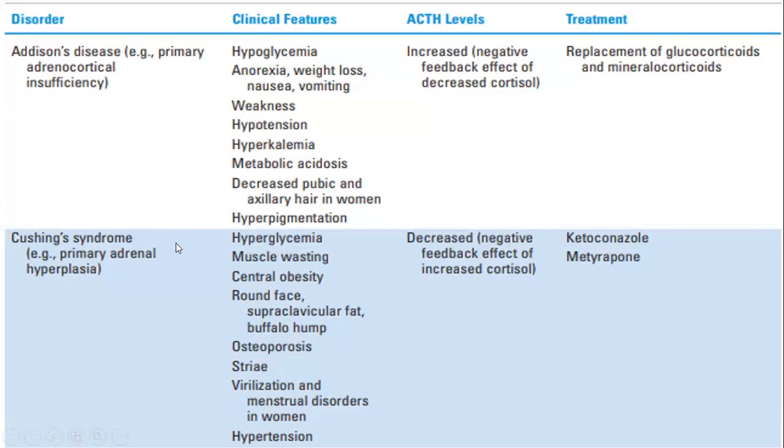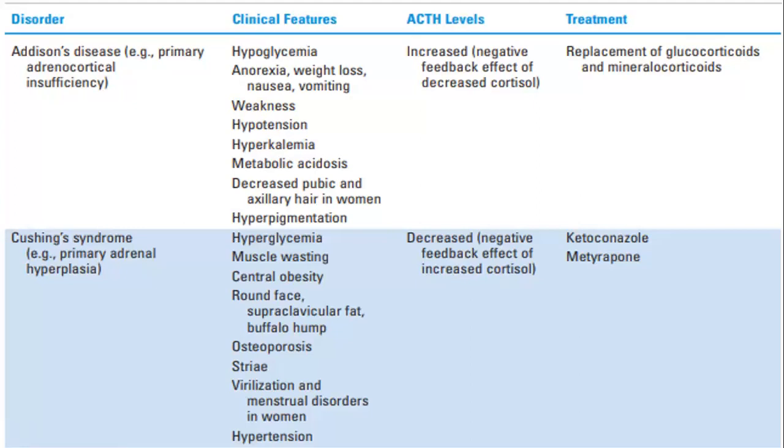So if caused by primary adrenal hyperplasia or pharmacologic doses of glucocorticoids, expect a decrease in ACTH. But in Cushing's disease, there is an overproduction of ACTH. To contrast, in Cushing syndrome you have low ACTH, in Cushing's disease you have increased ACTH.